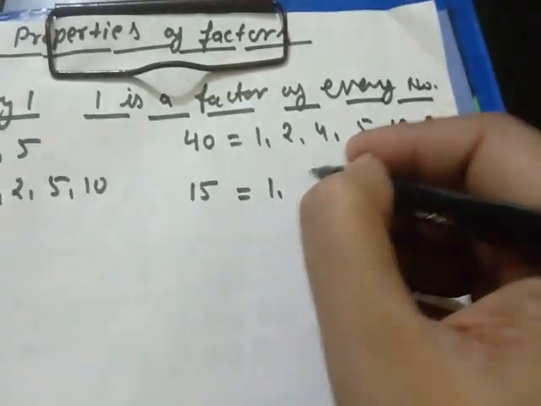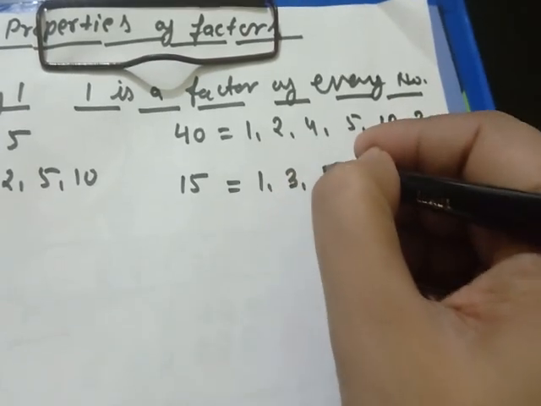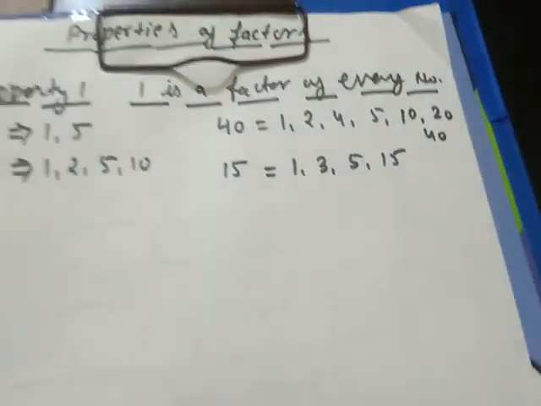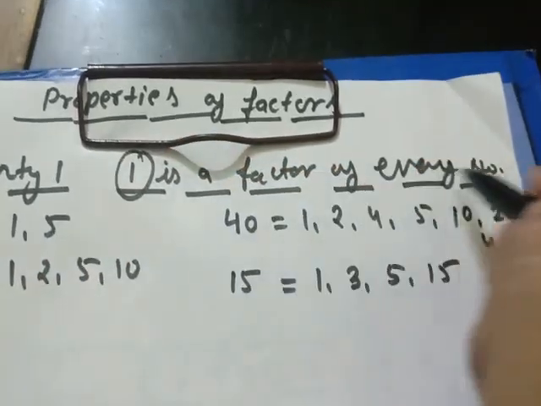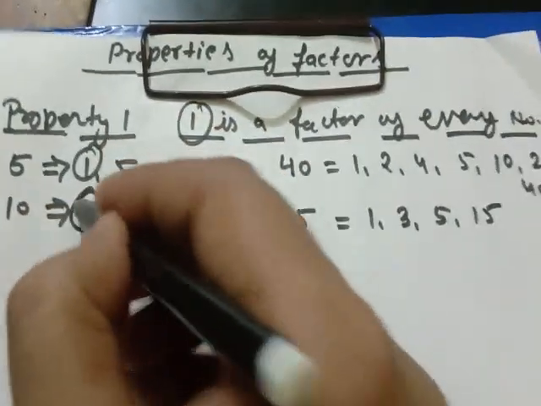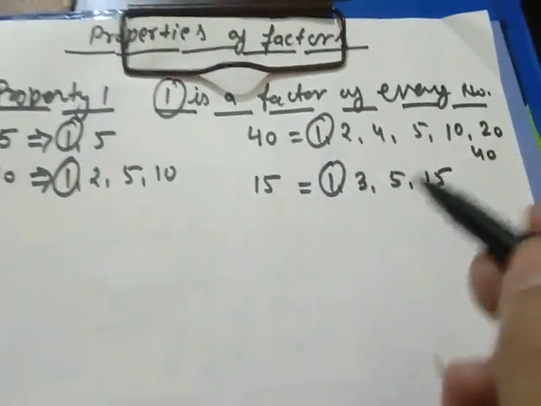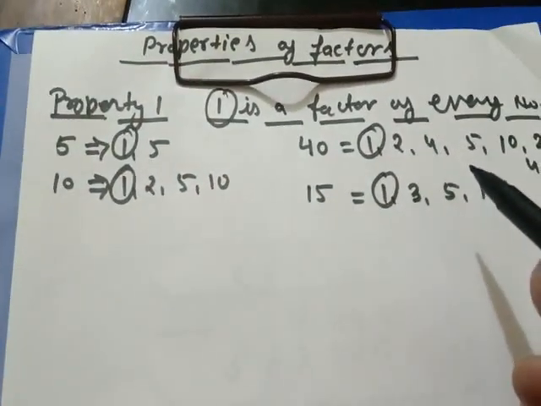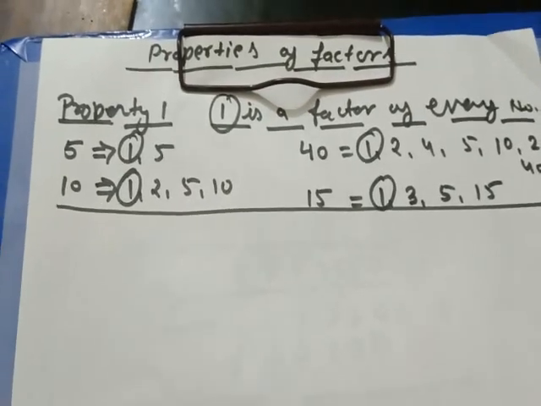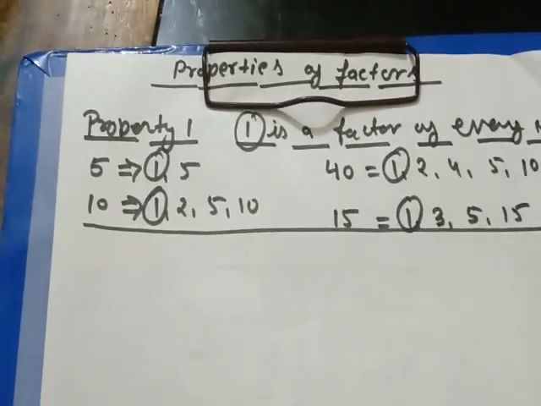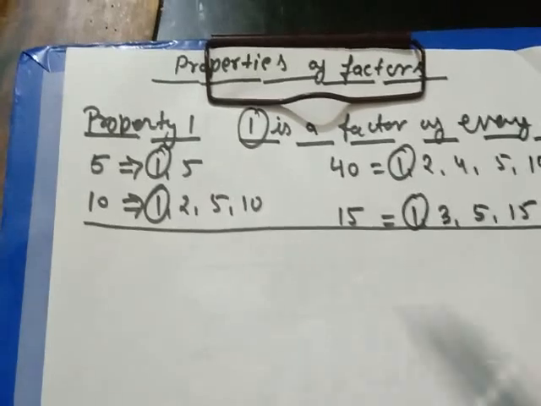Factors of 15 are 1, 3, 5 and 15. According to the property, 1 is a factor of every number. You can see whatever number we have taken, 1 is always dividing the given number. So according to the property, we can say that 1 can divide any number.